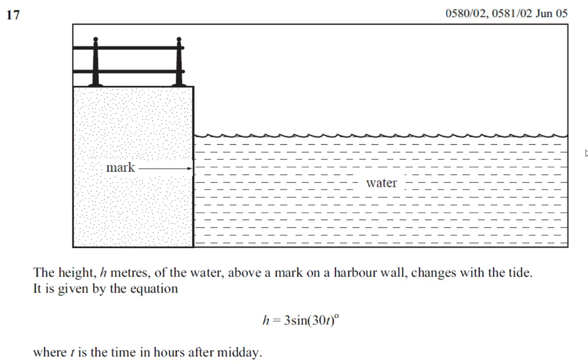Here we have question number 17 from June 2005, paper 2. In this question, we are being told about the height of the water above a mark on a harbour wall and how it changes with the tide.